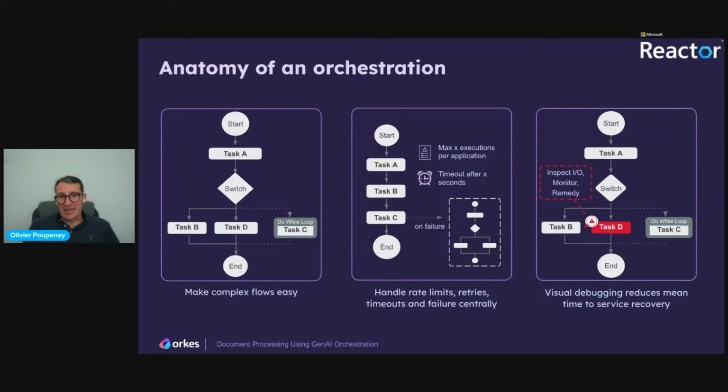But the most important is that if there is a failure on each task, you can really manage what to do. It can be just to retry, and you can also define the number of times you want that task to be retried to make sure that the workflow can be completed successfully at one point.